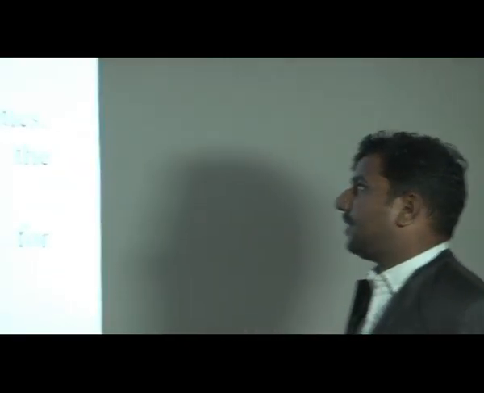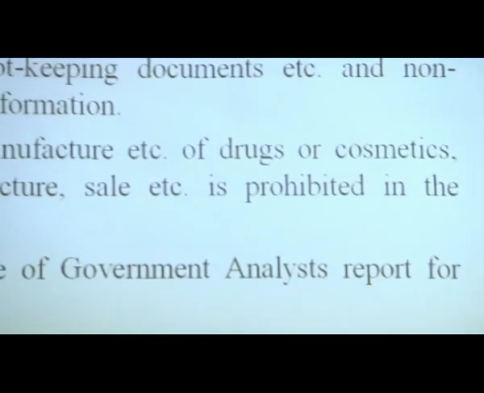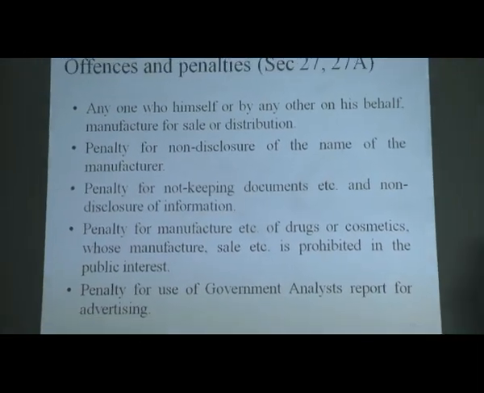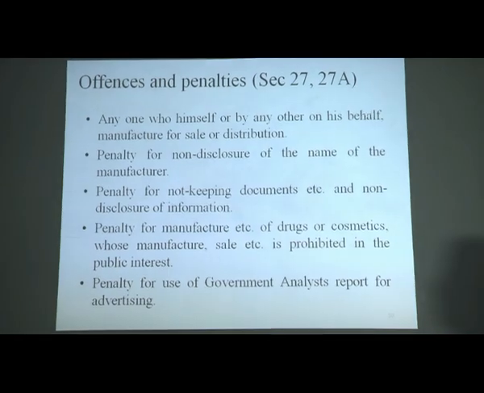Then penalty for drugs which are adulterated or spurious. In that case, the person will have punishment of not less than 3 years with a fine of ₹5,000. Then penalty for non-disclosure of the name of the manufacturer.